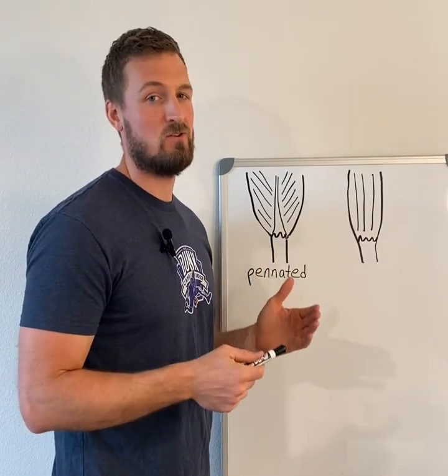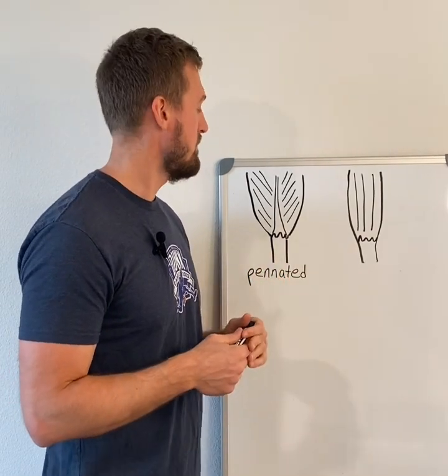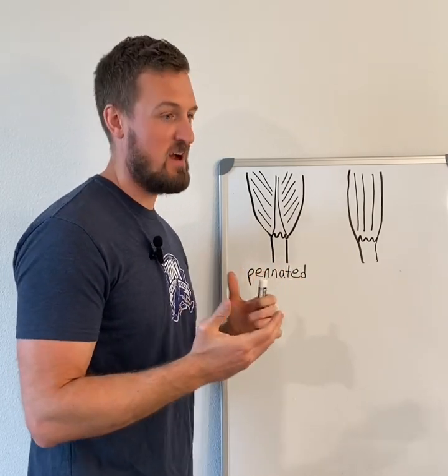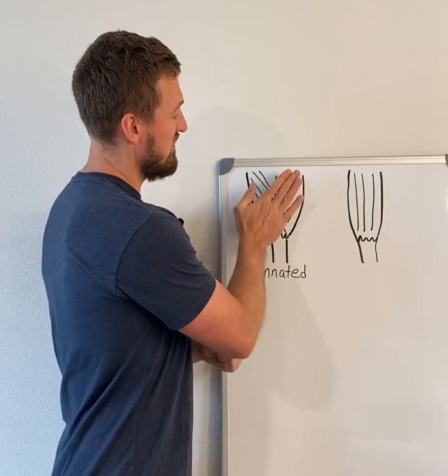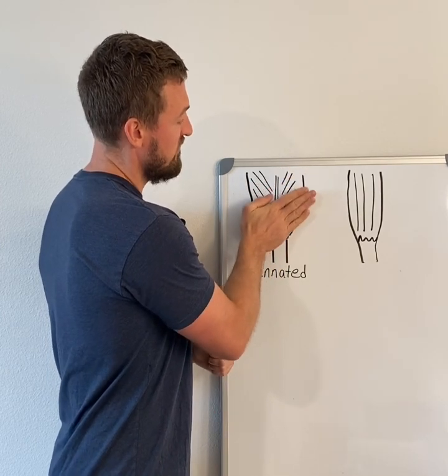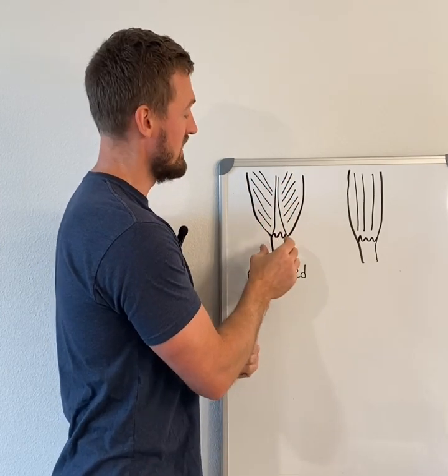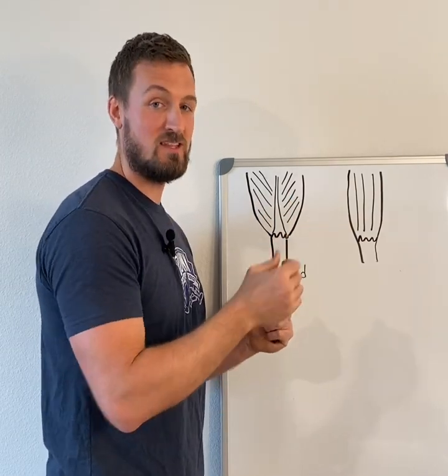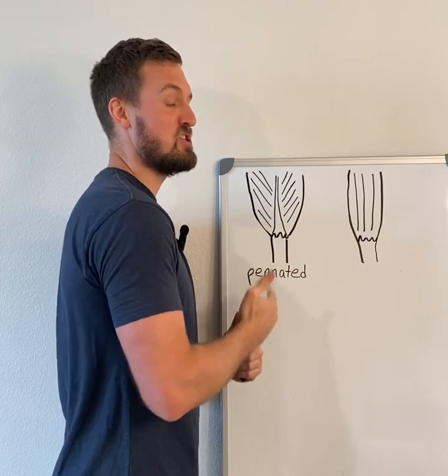Now, pennation angle is a tricky topic because increasing pennation angle feels negative, right? If I'm positioning fibers further from parallel with the line of action of the muscle, less of the force that they produce is going in the direction you want.